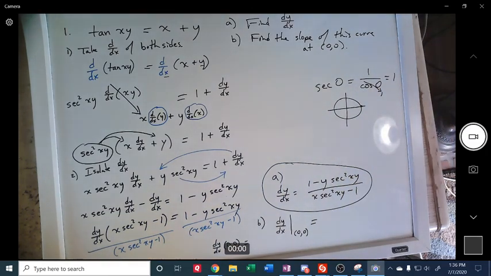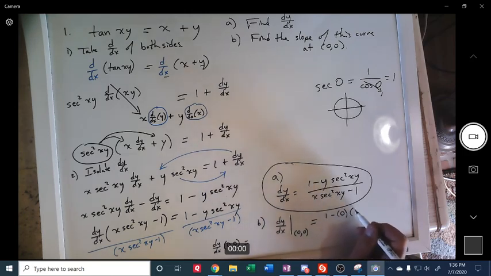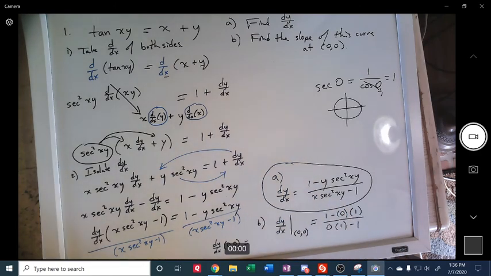So the secant of 0 is 1. So I'm going to get 1 minus y, which is 0, times 1 over 0 times, again I'm going to get the secant squared of 0, but that's 1 squared, which is still 1.